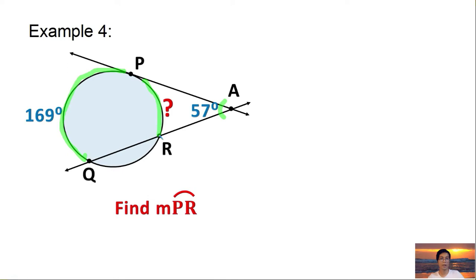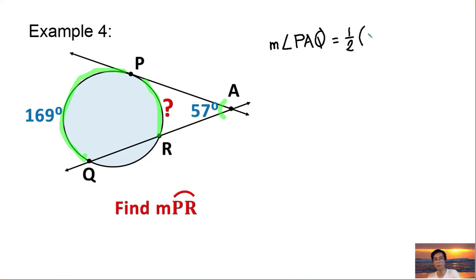So, sulat natin yung formula. The measure of angle PAQ equals 1/2 times the quantity. Uunahin natin ito, yung mas malaki na arc. So, PQ.